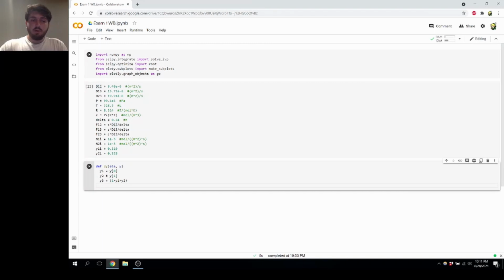And then we're going to want to put in the equation that we had from the previous problem, and have it return an array.